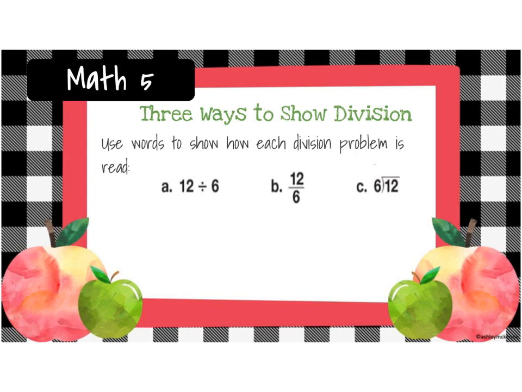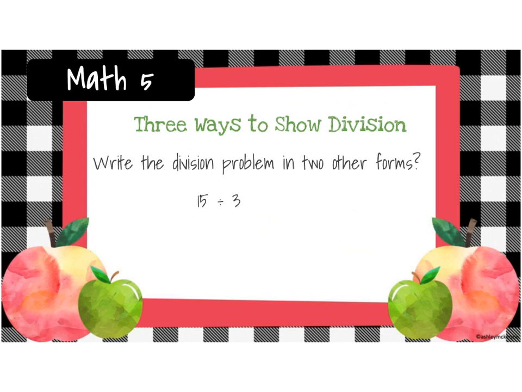Most of what I'm seeing as I go around the room is this. 12 divided by 6. Every single one of those would say 12 divided by 6. Even though they look different, every one of those is the exact same problem.